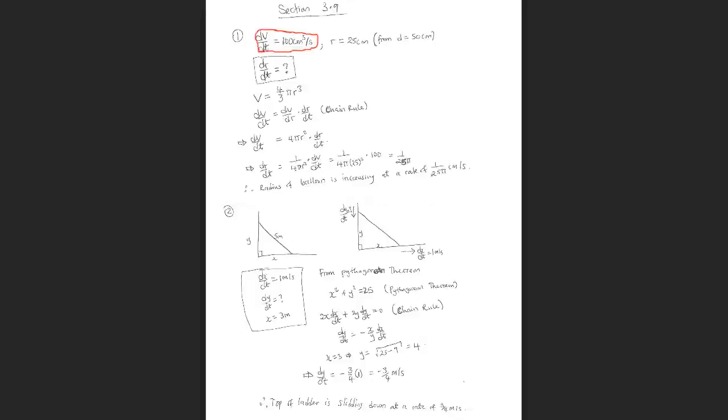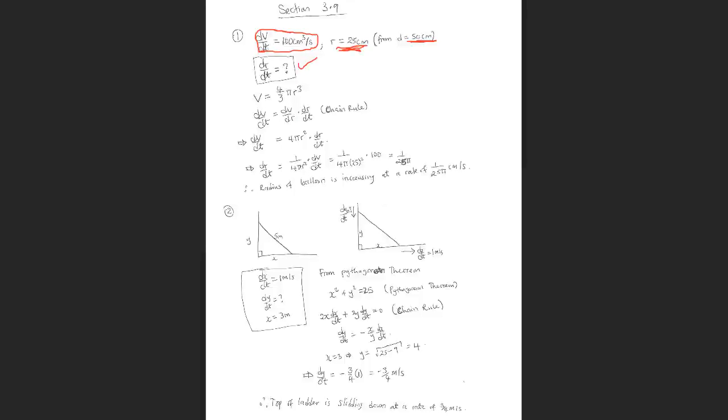This is positive because the balloon is growing bigger and bigger in size. I told you that you need to find the rate at which the radius is changing when the diameter is 50 centimeters. Remember, radius is just half of diameter, so you need the radius to be 25 centimeters. Very important, this is what you're looking for.